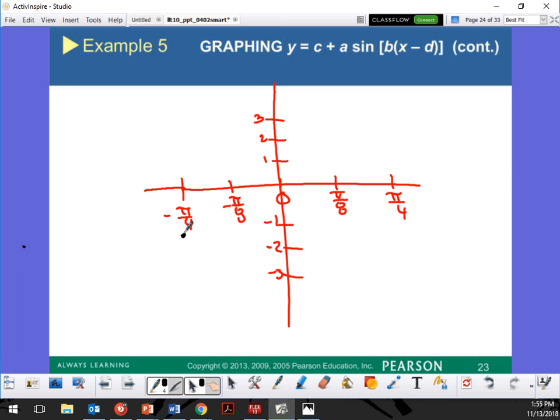Negative pi over 8, +1. So 0, -1 at pi over 8, and pi over 4. There we go.